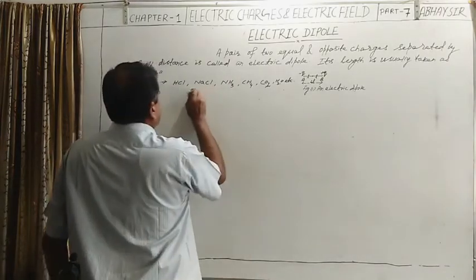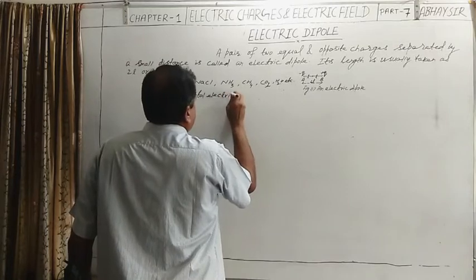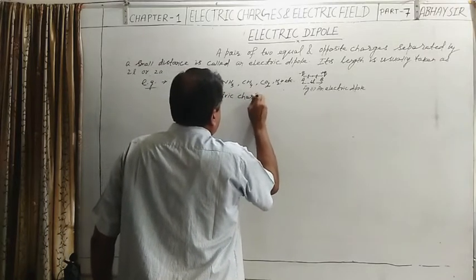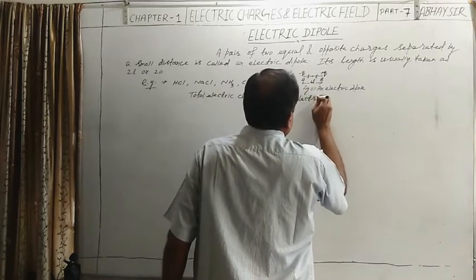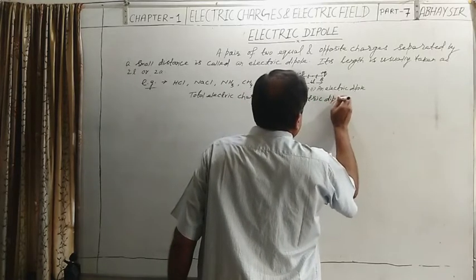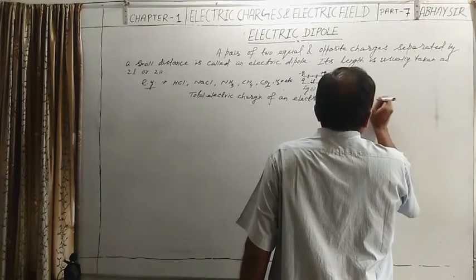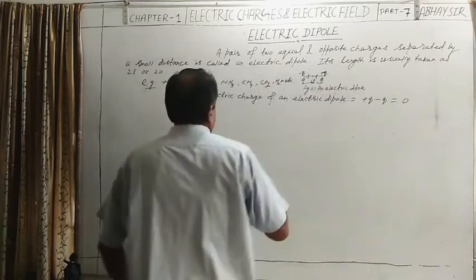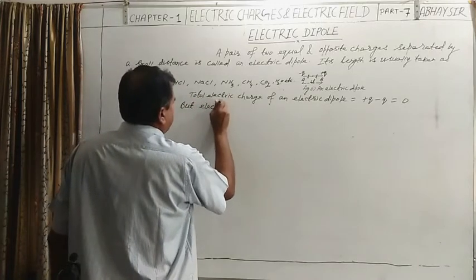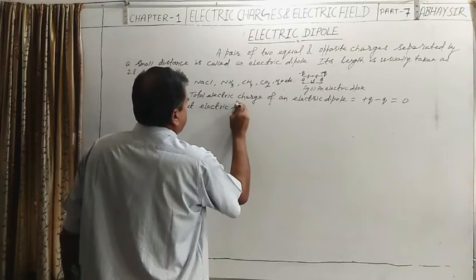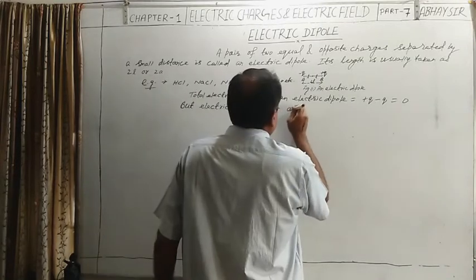So total electric charge of an electric dipole is plus q minus q equal to 0, but electric field due to an electric dipole is not 0.